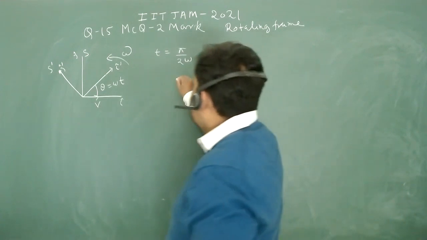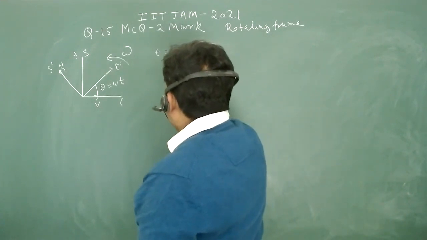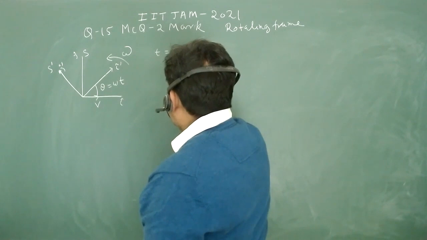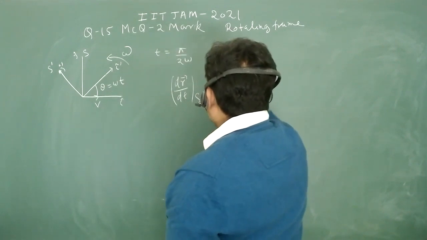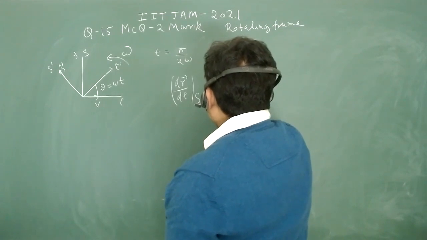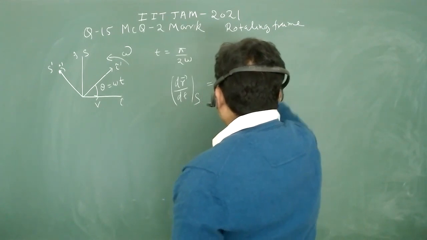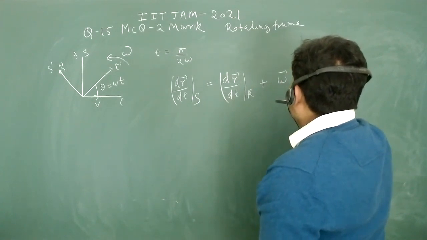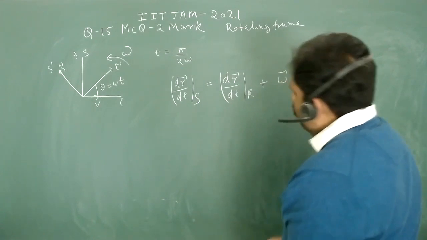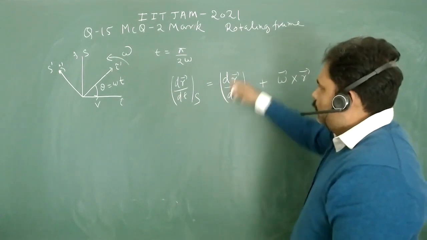So we have this relationship: dr upon dt in the space frame is equal to dr upon dt in the rotating frame plus omega cross r. Now we have to calculate this particular thing.